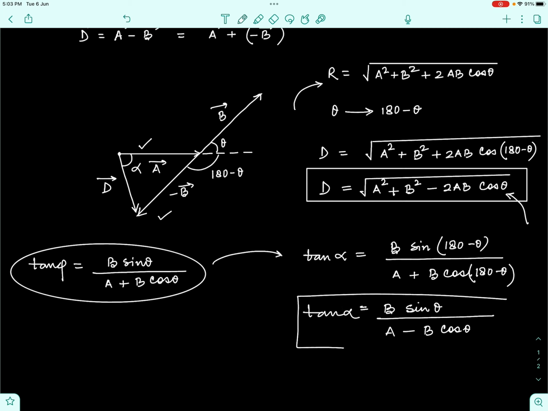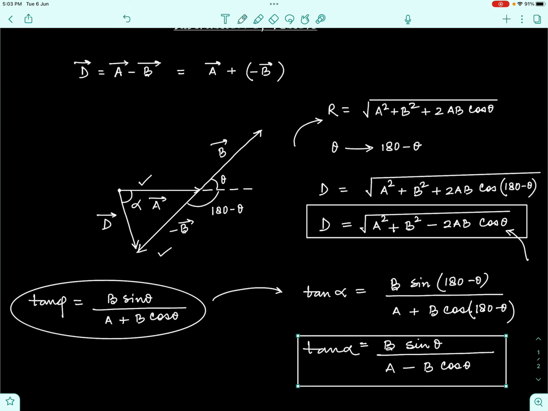So this becomes our expression for tan of the angle that the difference vector D makes with the first vector A. You see that these expressions come directly from the results that we have already obtained for addition of vectors, resultant of vectors, right. So we have not done anything new mathematically here, we have just tried to understand what changes to make in order to replace addition with subtraction. So this is how we can easily deal with vector subtraction.